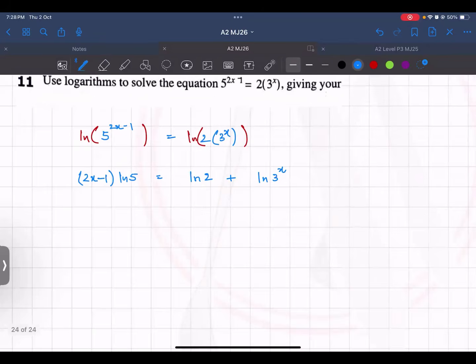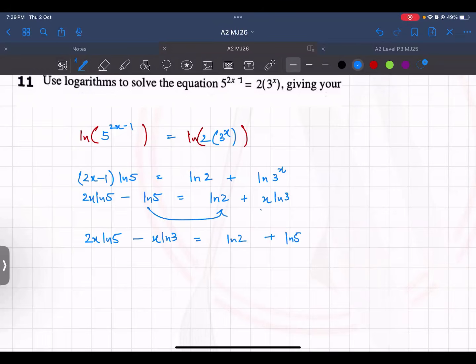And now, if you expand this, this would become 2x ln 5 minus ln 5 is equal to ln 2 plus, the x can come down, x ln 3. Bring both the x terms together: 2x ln 5 minus x ln 3 is equal to ln 2 plus ln 5.